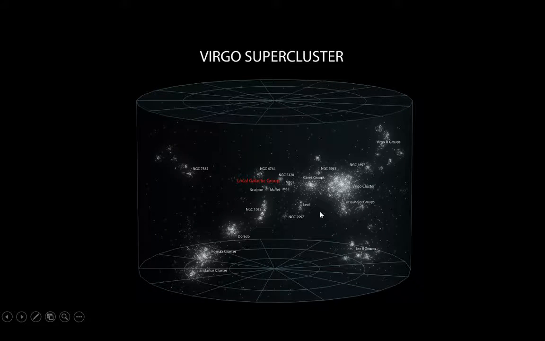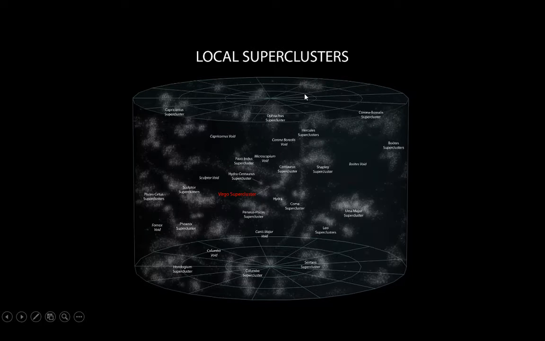But if we were to back out a little bit more, just one of these dots is our local galactic group, and then each dot basically represents a group of galaxies. And so this is our supercluster. And if we back out a little bit more, each of these dots represents a supercluster.